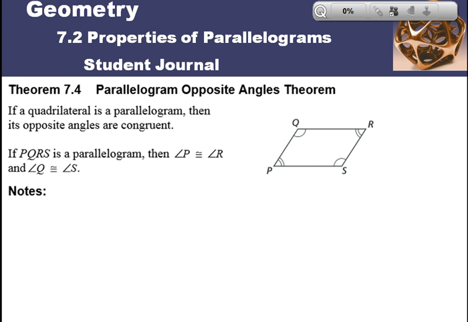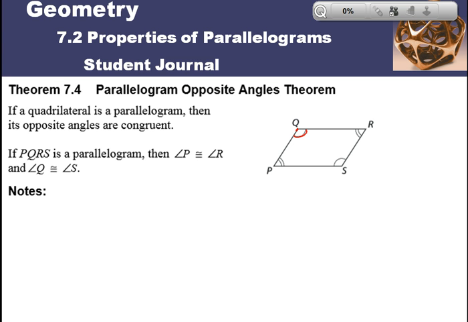So our next theorem is theorem 7-4, or 7.4, which is the parallelogram opposite angles theorem. So this says if a quadrilateral is a parallelogram, then its opposite angles are congruent. So opposite angles are angles that are across from each other. So let's look at angle Q. So here's angle Q, that's this angle right here.